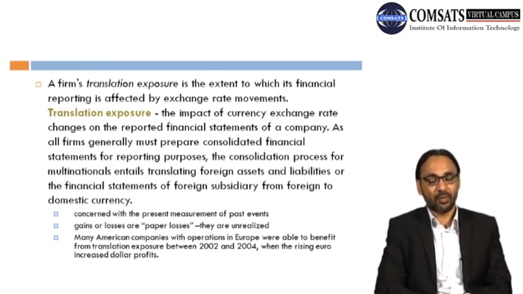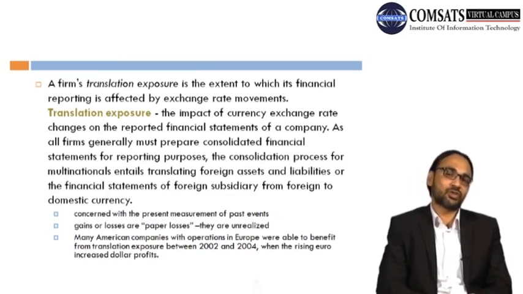Many American companies with operations in Europe were able to benefit from translation exposure between 2002 and 2004, when the rising euro increased dollar profit. This is the main exchange rate effect on the financial reporting system. When firms have to report their firm value, the value of their total assets and market capitalization, these things will be affected when the exchange rate changes.